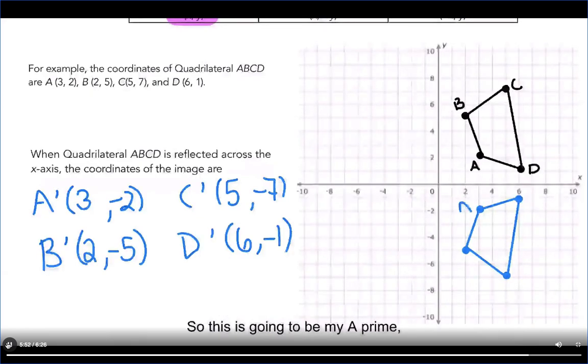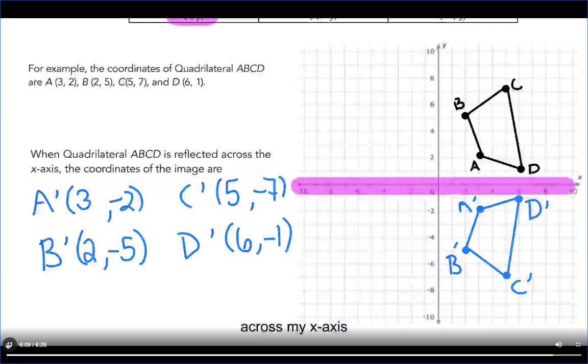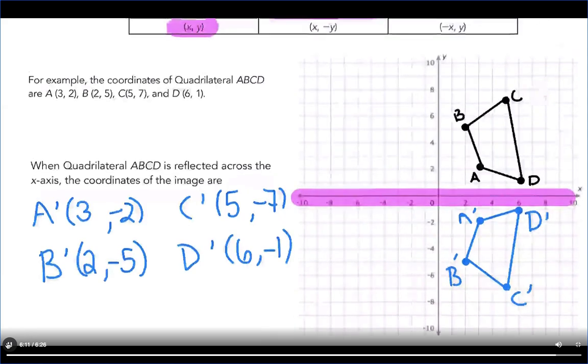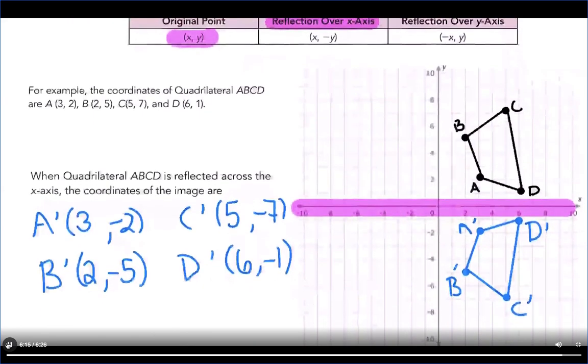This is going to be my A prime, B prime, C prime, and D prime. Now you can see that I reflected across my x-axis, and there is my new image with my new coordinates.